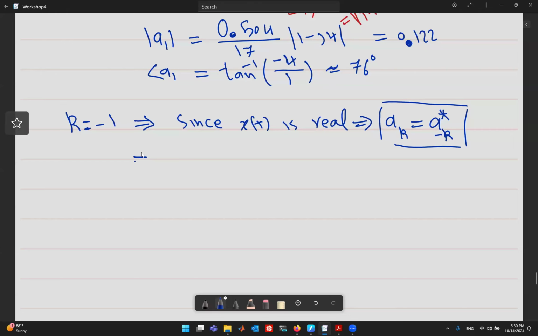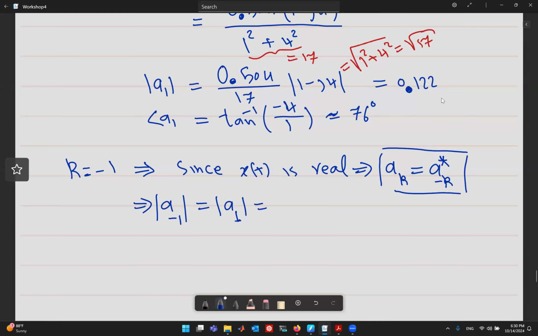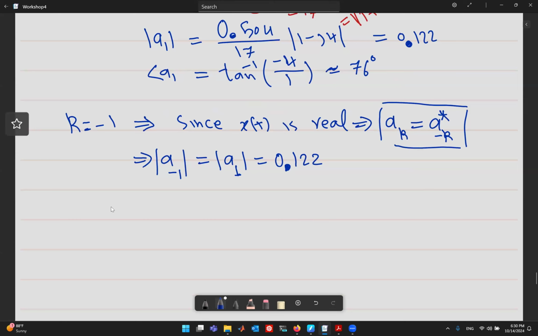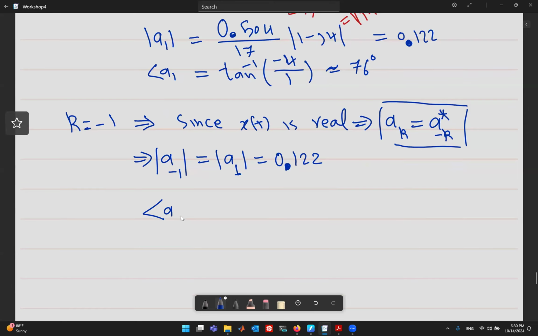So the magnitude of a_-1 will be the same as the magnitude of a_1, which we have found here, which is 0.122, but the phase of a_-1 will be negative the phase of a_1.